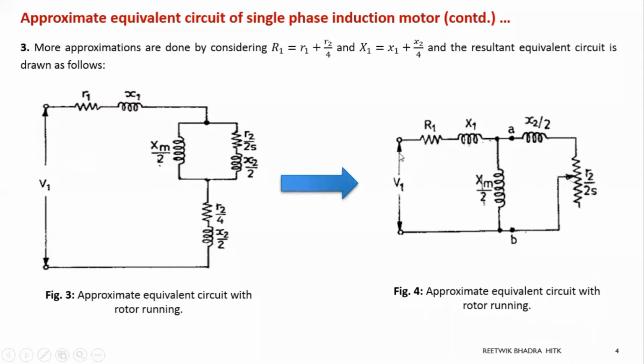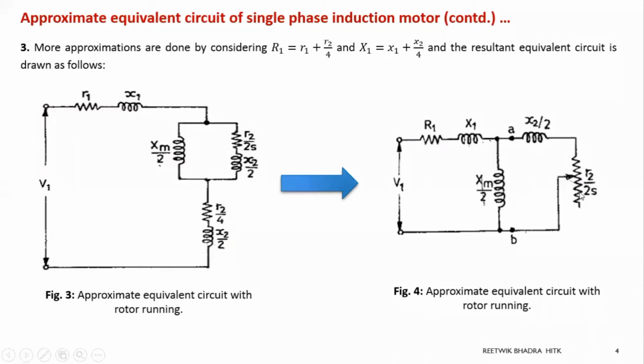From this supply V1, this is Xm by 2. Remaining, what is there? This parallel branch. This is Xm by 2, this is X2 by 2, this is R2 by 2S. This S changes, this becomes variable. So you remember this circuit. This circuit is similar to the equivalent circuit of a three-phase induction motor, except the values were different.